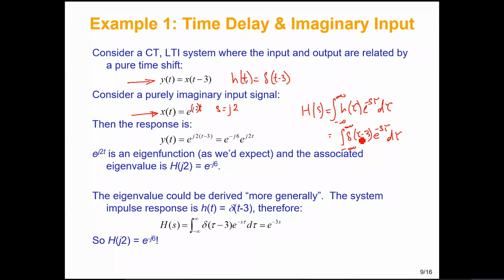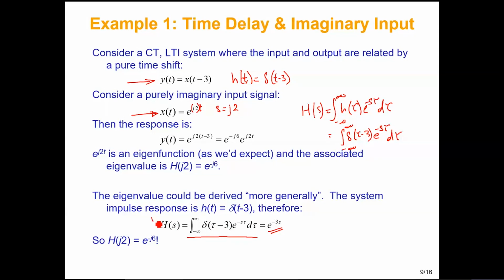Only at tau equal to 3 does this value become 1, and at that point this becomes e raised to power of minus 3s. So we can directly write the answer like this. This is the beauty of having a delta inside integration. If you have a single delta inside integration, you may have multiple other terms multiplied to it, but we can directly write the answer because delta has value only at one point.